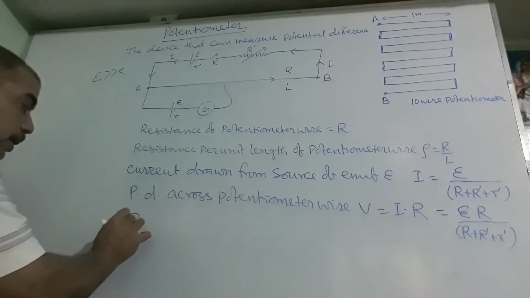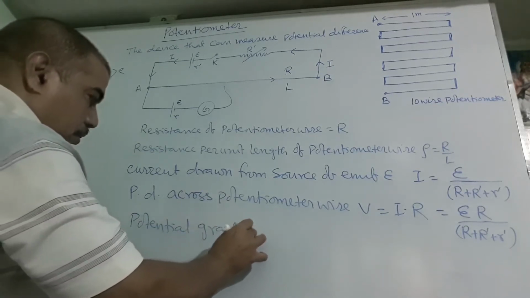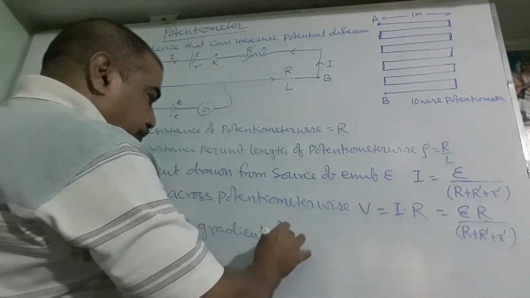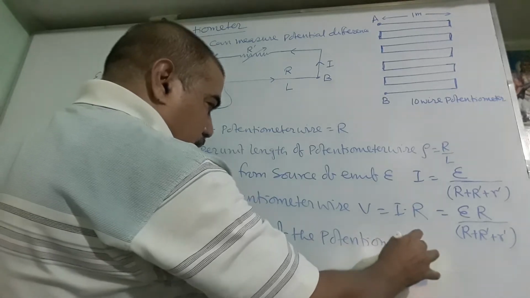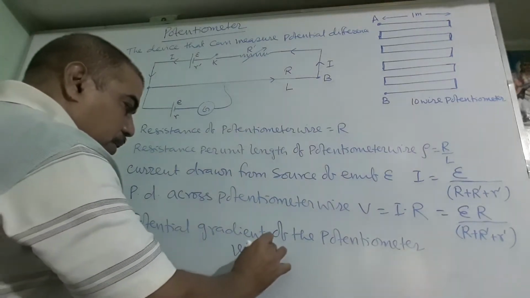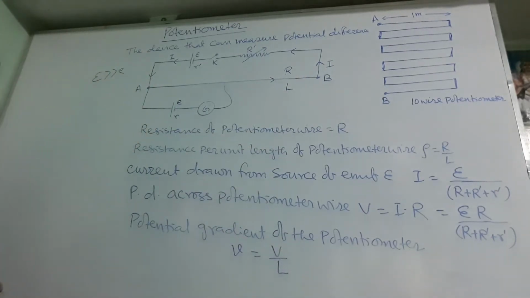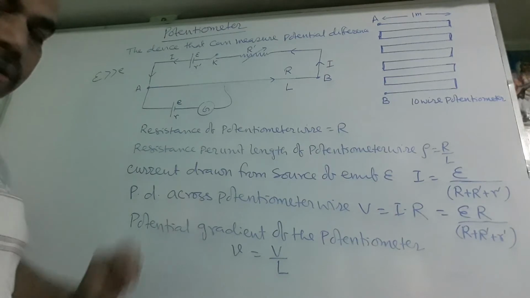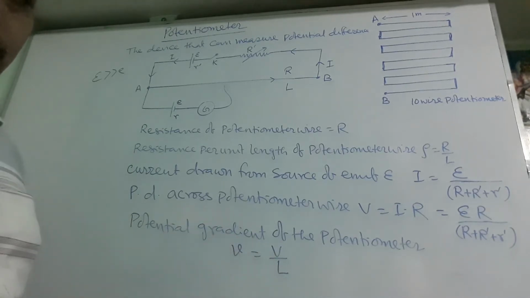Now the potential gradient of the potentiometer, we say, will be V over the total length L. So for a sensitive potentiometer, this V should be small and L should be large.